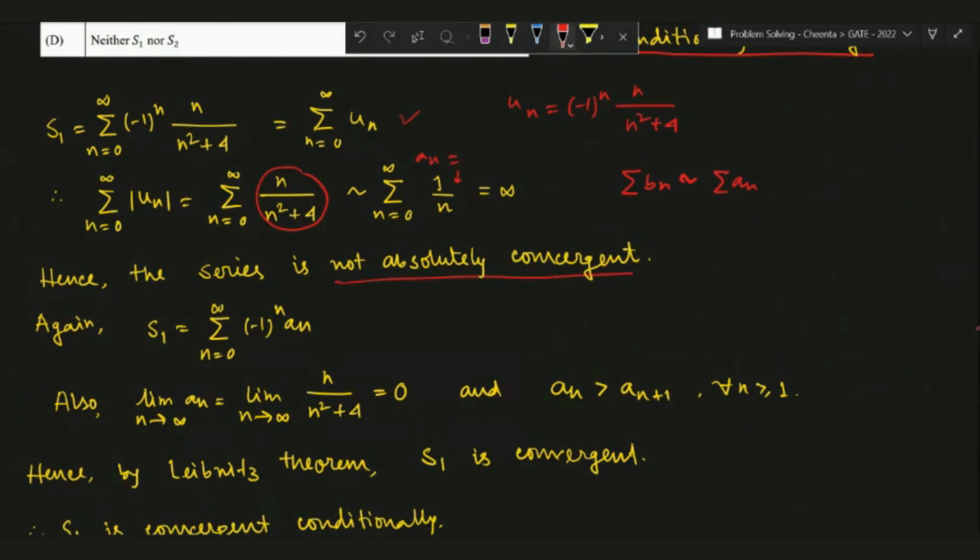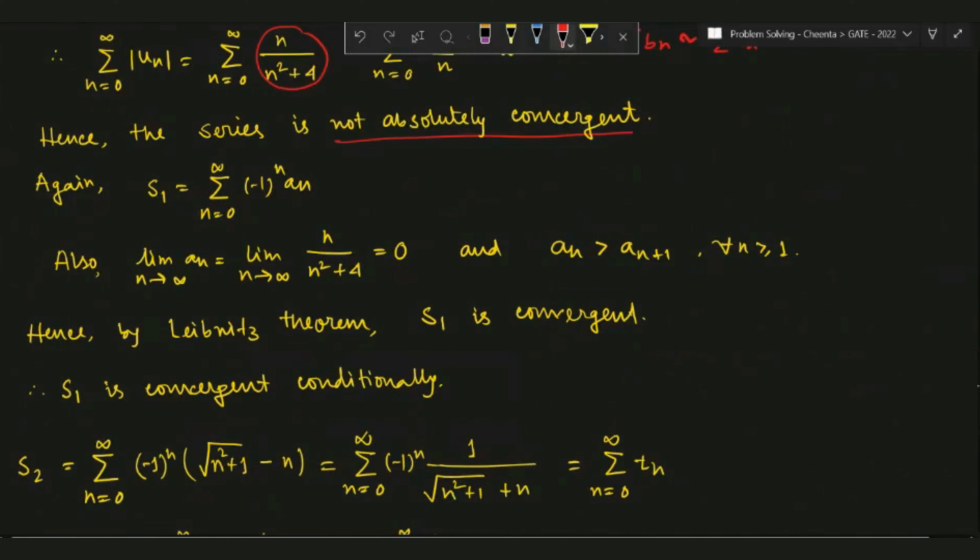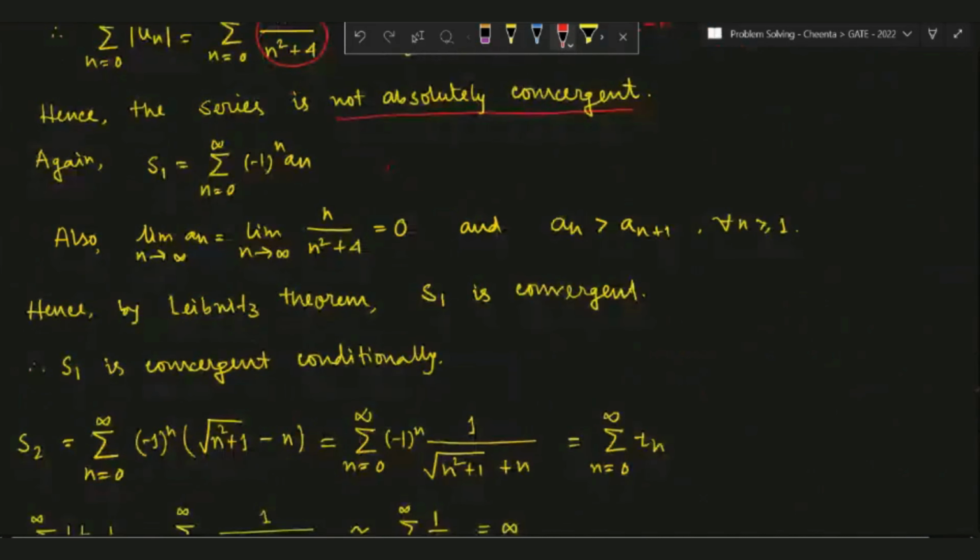Now again, S1 we can write as (minus 1) to the power n times an, where here an is n by n square plus 4. So we check the limit of n tends to infinity an. This is coming out to 0, and an is greater than an plus 1. So an is a decreasing sequence.